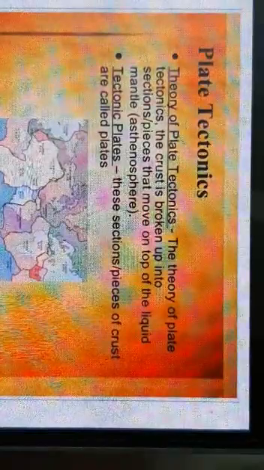As I explained about the interior of the earth, there are three layers: crust, mantle, and core. The mantle is divided into two parts, upper mantle and lower mantle. Some part of the upper mantle exists in a liquid form, the magma chamber.